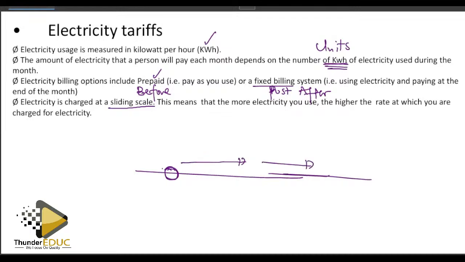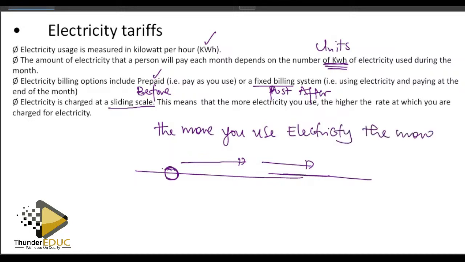That's a sliding scale. Simply meaning the more you use the electricity, the more you pay.